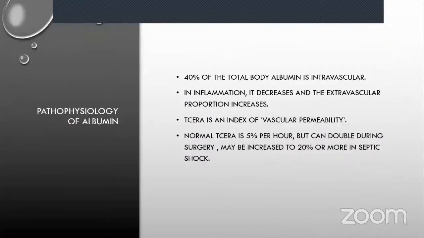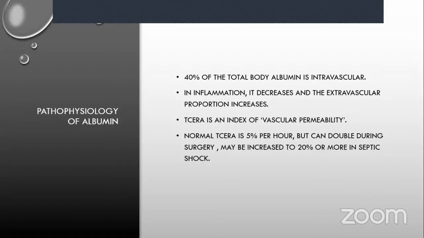Pathophysiology continued. So 40% of total albumin is intravascular, yes. However, in inflammation, this decreases and the extravascular proportion increases. Why? You have a disruption of the integrity of the endothelial glycocalyx with widening of these pores, so you will have a seep through of the albumin.